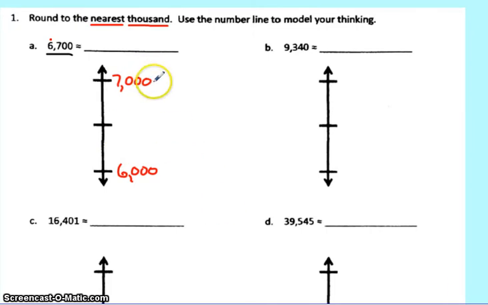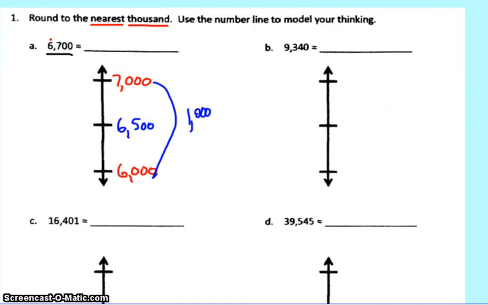So, well, we know that this is 1,000, and we know that half of 1,000 is 500, but we have to remember we're at 6,000, so therefore this midpoint would be 6,500. Just what we did in class.